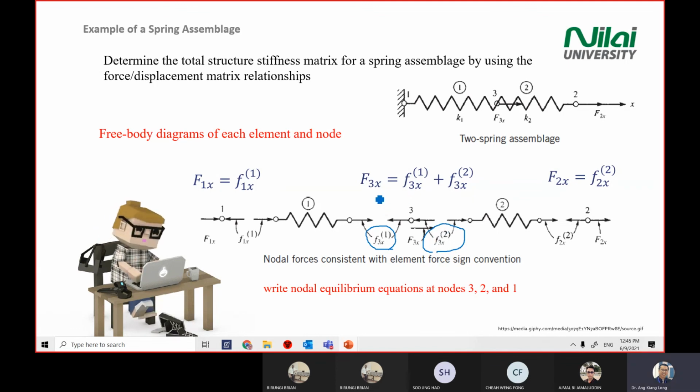So your F3, this one, is actually a combination of the element force, small f, felt by element 1, and the forces felt by element number 2. It's a combination of these two. Right, now this equation is under the continuity requirement.